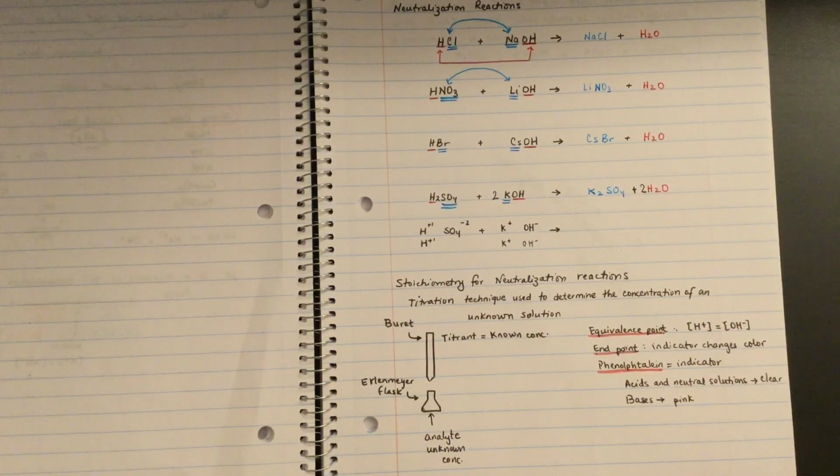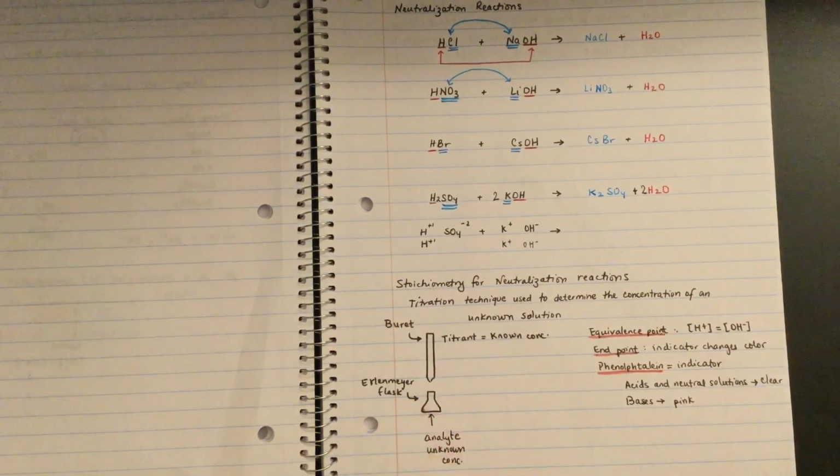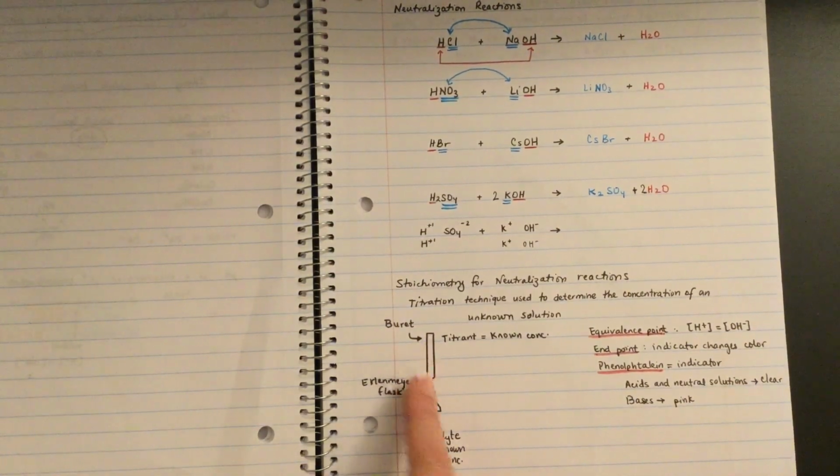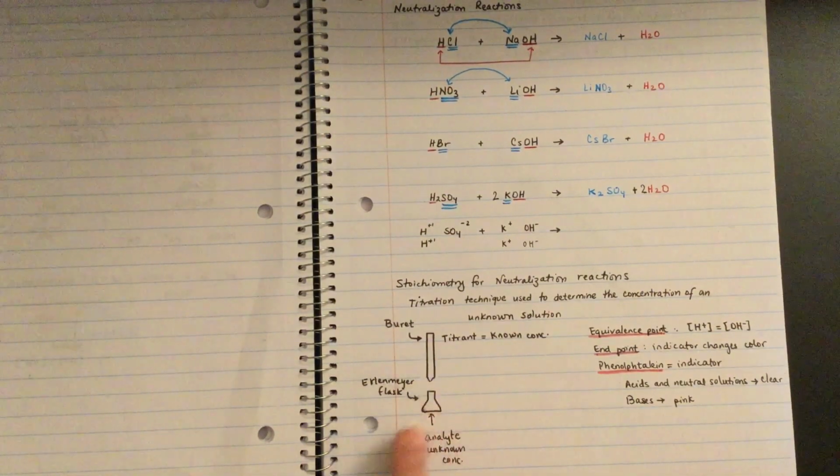Okay? So if you have, for example, an acid in your flask, your initial color will be clear because you have something acidic. If you're using a base here as your titrant, when you're adding the base into your acid, your concentration of H plus is going to decrease because you're neutralizing the acid.